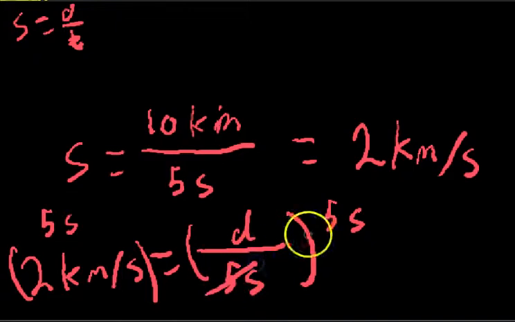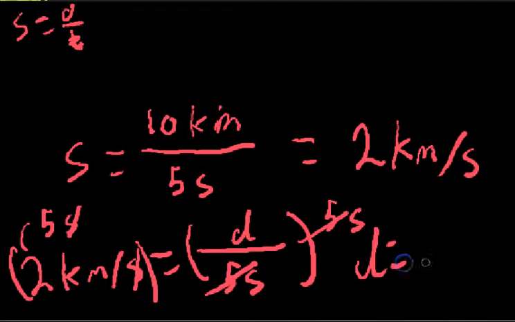And so these cancel out. And then here, you can multiply the 5 and the 2, but the seconds cancel each other out. So then we have distance is equal to 10 kilometers. So you can just mess around with the numbers to get the answer that you need.